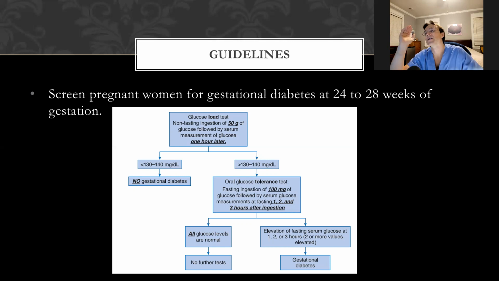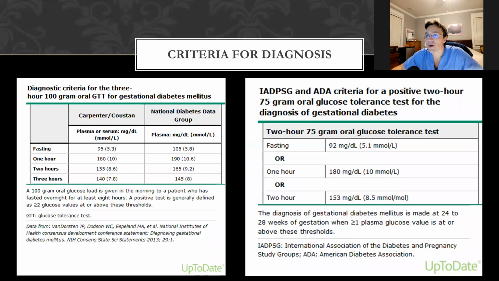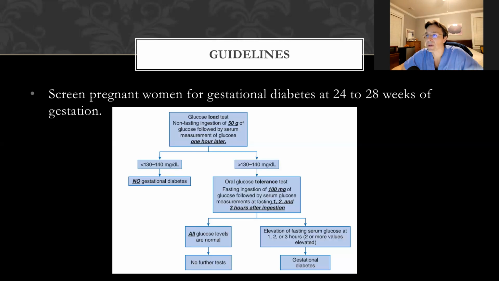All right, so in that case, you're going to do an oral glucose tolerance test. And there are two methods that you can use. One is consuming 100 milligrams of glucose, or you can give, there's a typo here. It's not milligrams, it's 100 grams.